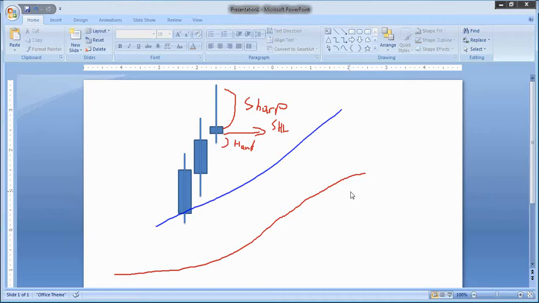Therefore, I want to keep things as simple as possible. Let's treat ourselves as small children because we are learning, so we give special names that we can always remember. The sword tells you that you are going to be looking for a reversal.